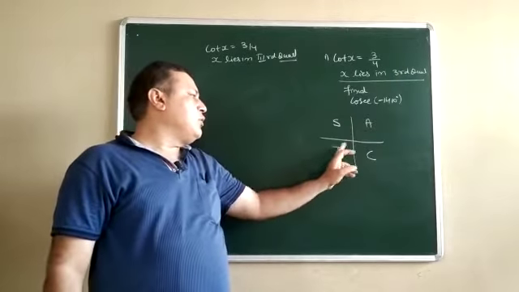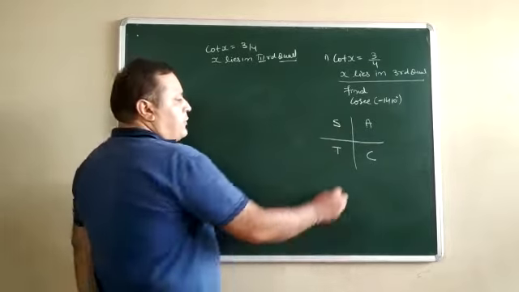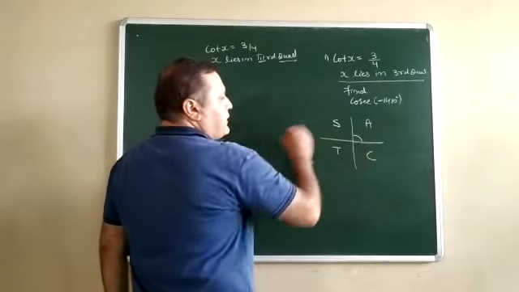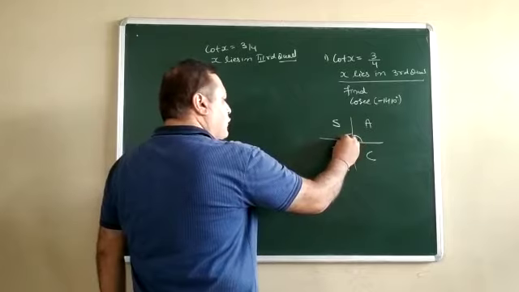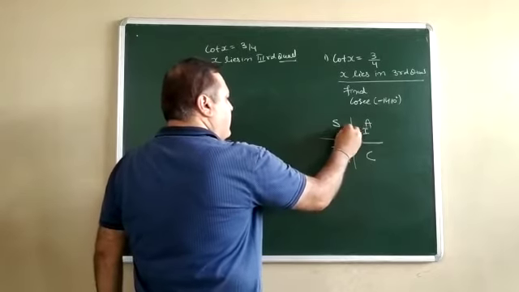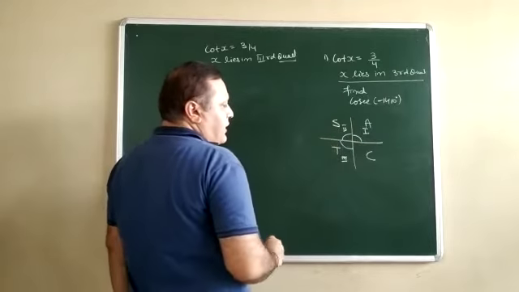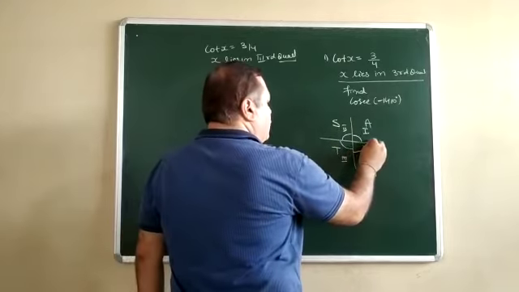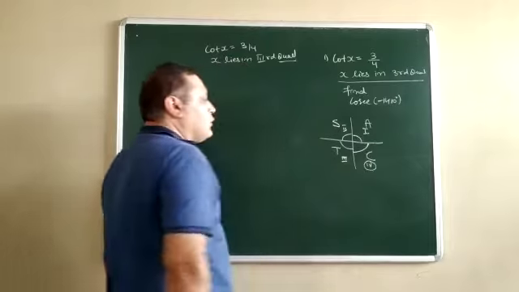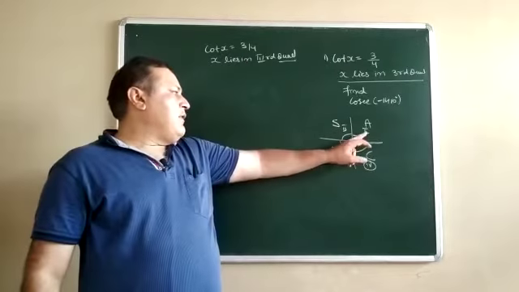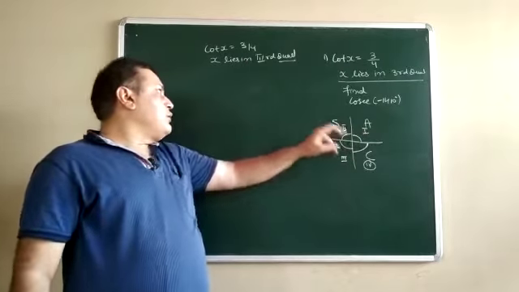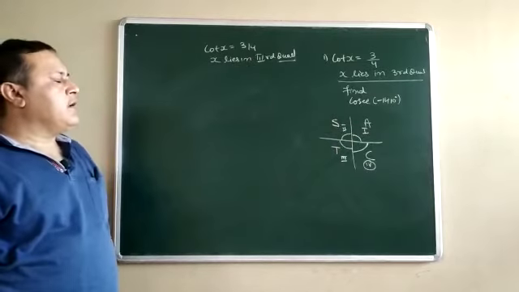From 0 to 90 it is the first quadrant, from 90 to 180 it is the second quadrant, from 180 to 270 it is the third quadrant, and from 270 to 360 it is the fourth quadrant. So whenever you know the quadrant, according to that we find the value of the trigonometric function.